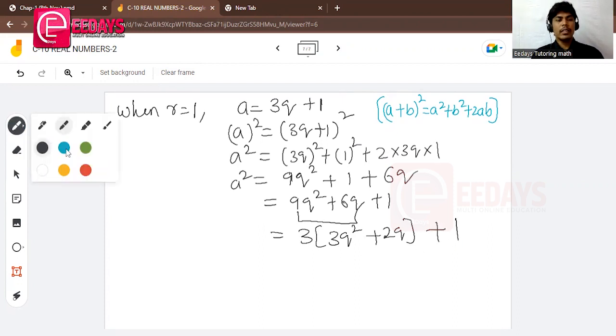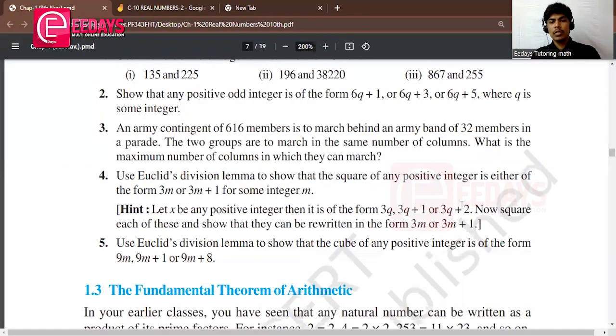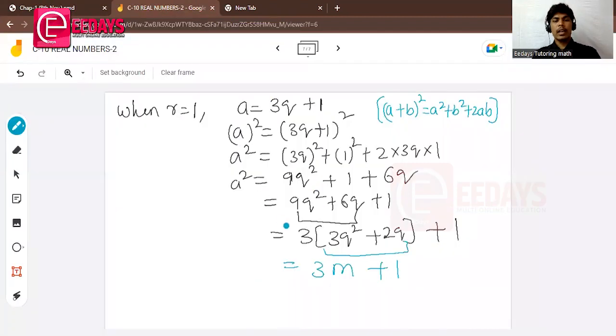Now you can take this complete bracket part as m. Now you'll get 3m plus 1, already there. You can write 3m plus 1. Observe carefully what we need to prove: 3m plus 1. After getting that square part, take that 3q square plus 2q, all those things, as m. Finally, we got this one.